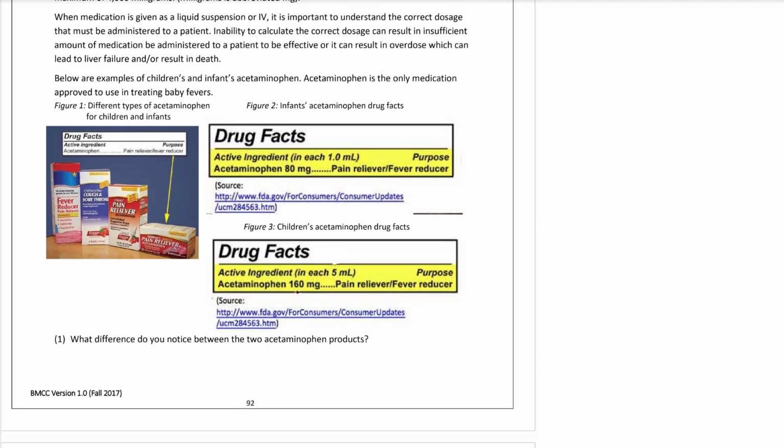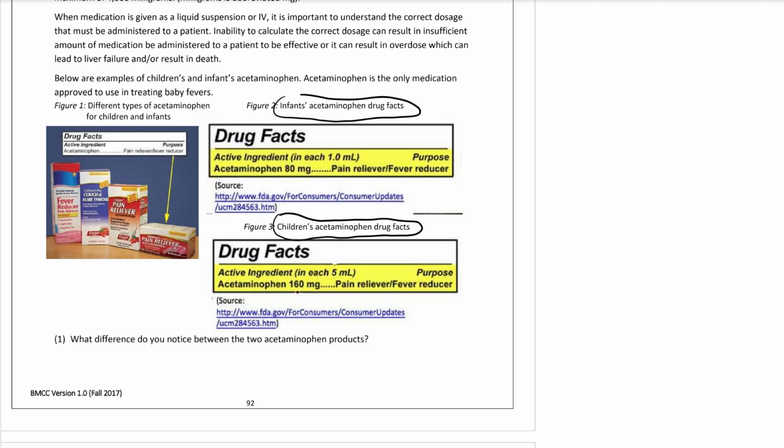Figure number 1 and figure number 2. So here are different pictures of over-the-counter acetaminophen, and these are some of the drug facts that you can find on the side of the container. So we're going to be looking at the infant's acetaminophen and the child's acetaminophen.